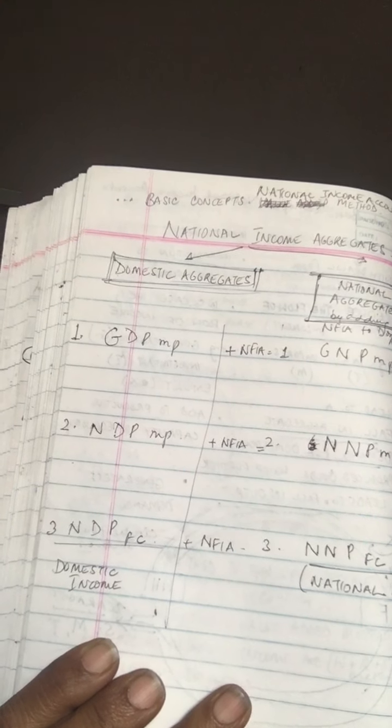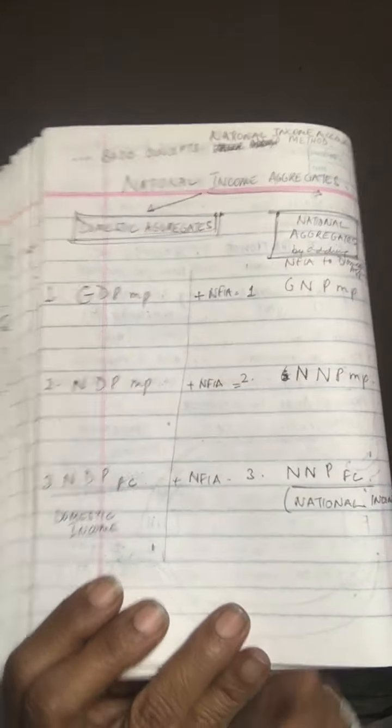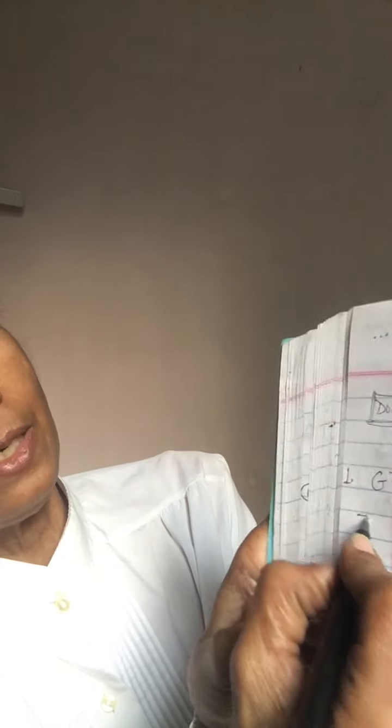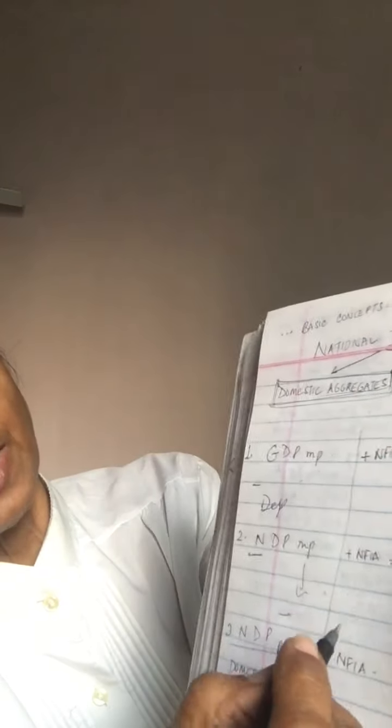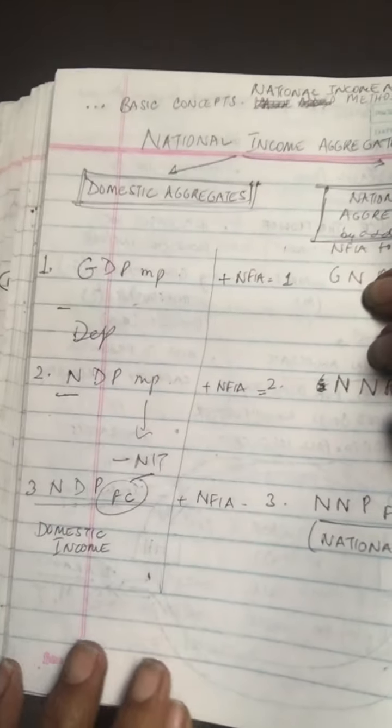So from gross, if you minus depreciation, you get what is known as net. And from market price, if you minus net indirect tax, you get what is known as factor cost.